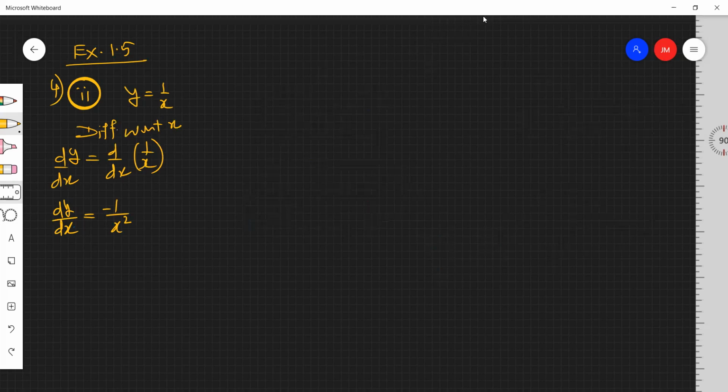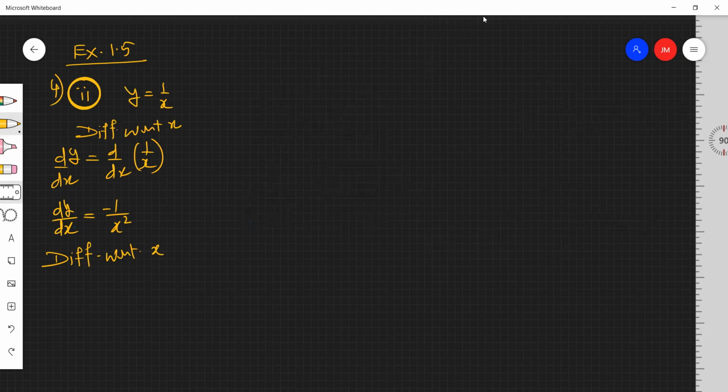This is the first derivative. I will differentiate this once again. We have to differentiate it 3-4 times so that we get a pattern, and once we get the pattern, we write the nth order derivative. That is the idea.